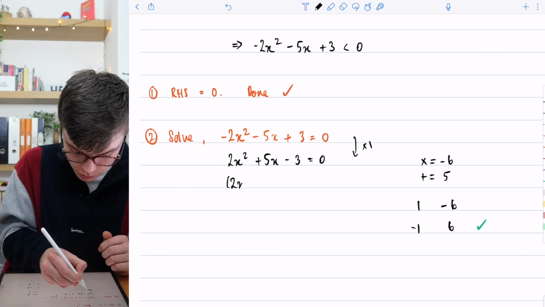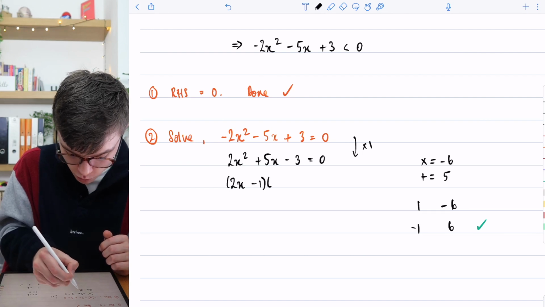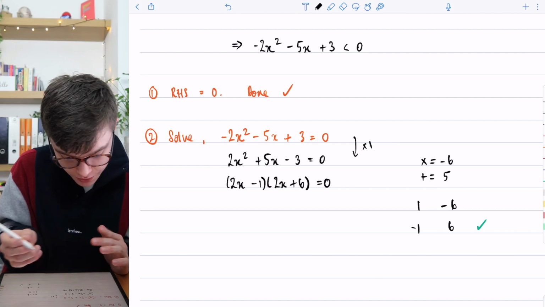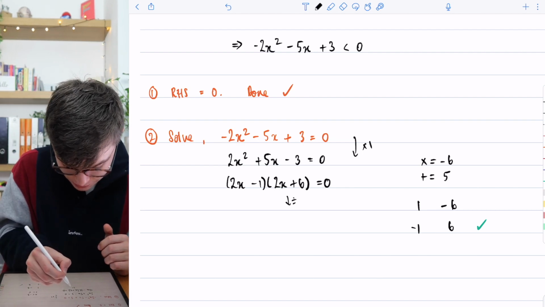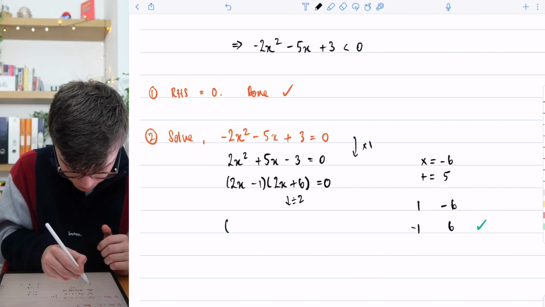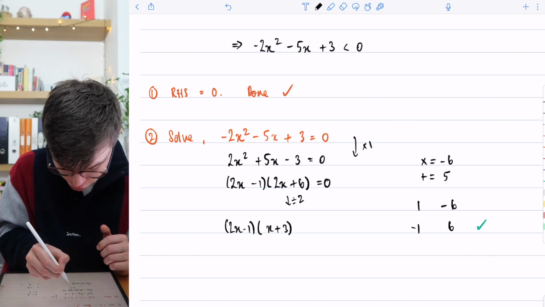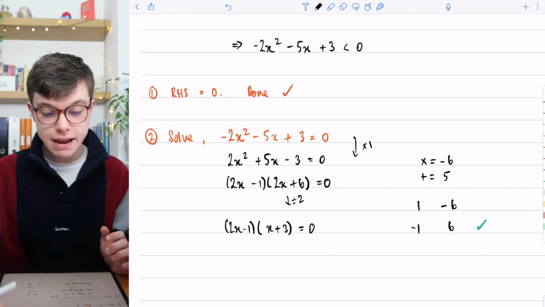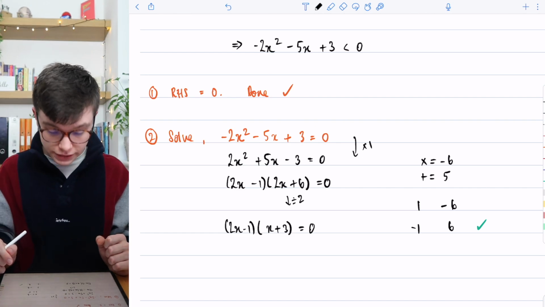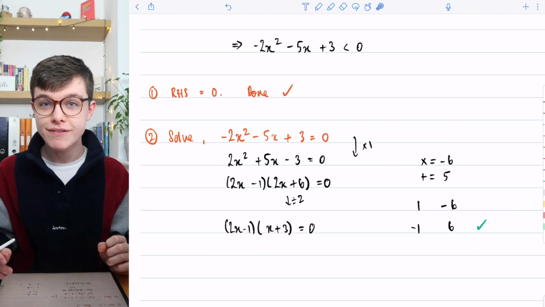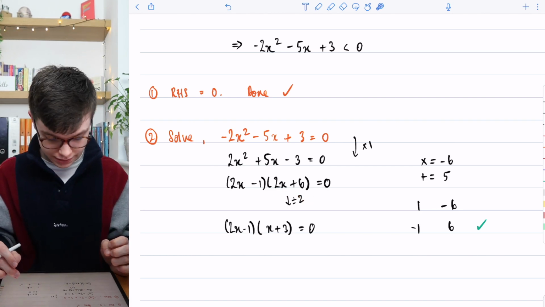So factorising will give me 2x minus 1 and 2x plus 6 equal to 0. Then I'm going to divide this bracket by 2 to give me 2x minus 1 times x plus 3 is equal to 0. Now, if you're unsure of how to factorise that or what I've done here, have a look at my video on factorising quadratics.